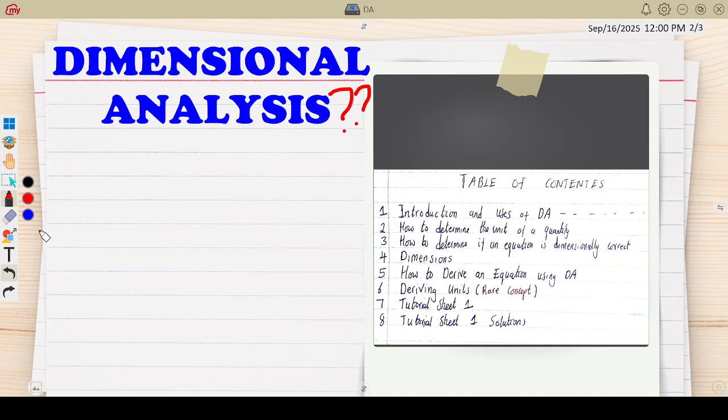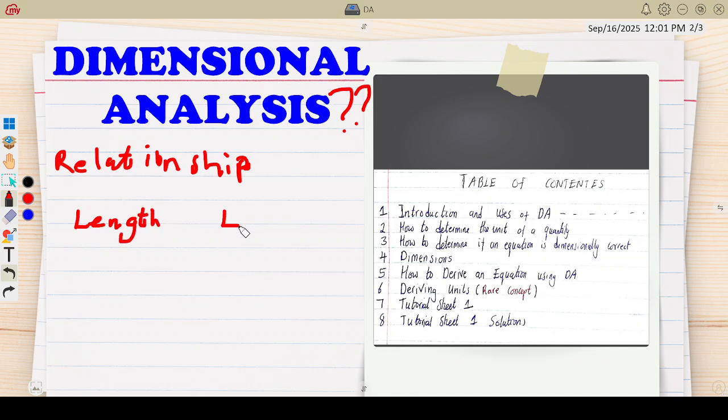Dimensional analysis is simply where we investigate the relationship between different physical quantities. What are these physical quantities? We have length.